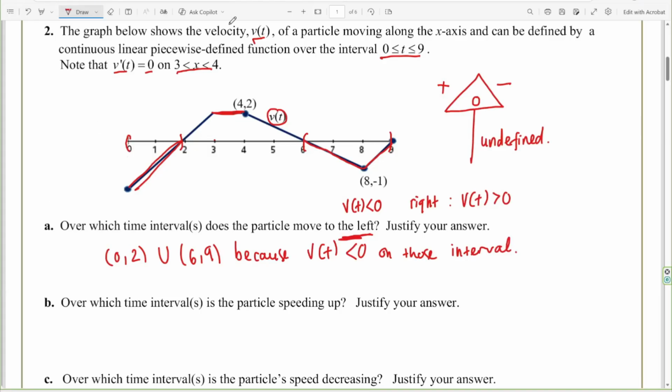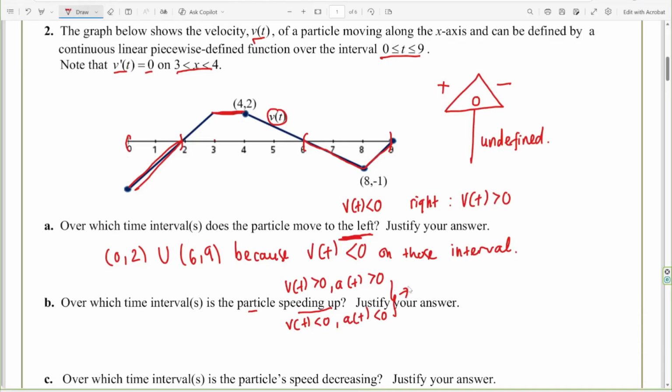Now question B. Over which time intervals is the particle speeding up? Alright, so when the particle is speeding up, v of t and a of t should have the same sign, right? Which means v of t greater than 0 and a of t greater than 0, or v of t less than 0 and a of t less than 0.